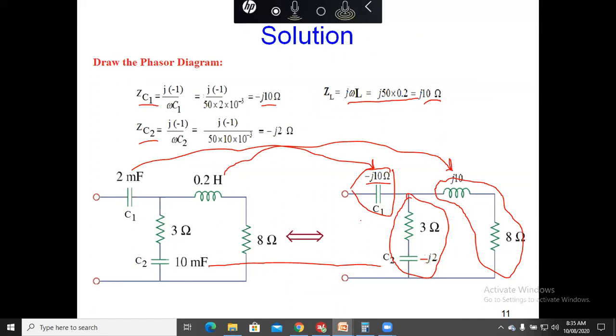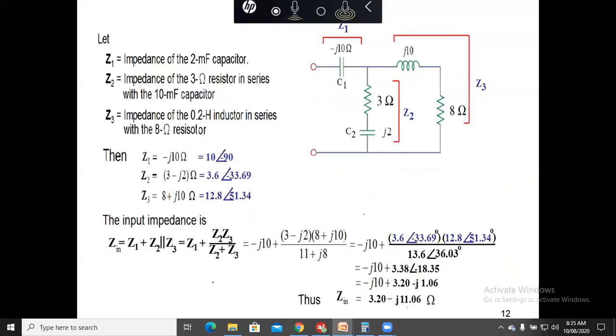So we can have Z1 is minus J10, and Z2 is 3 minus J2 ohm.